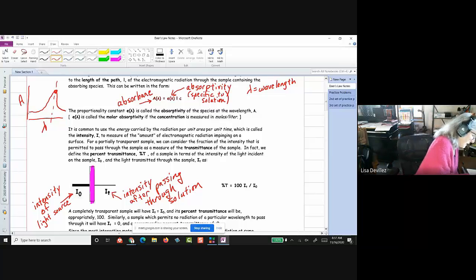And then C is our concentration. And then l is the path length, which is essentially the width of our cuvette.